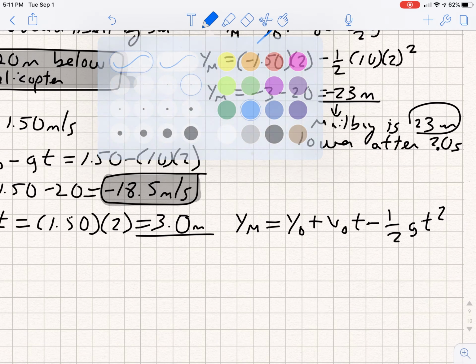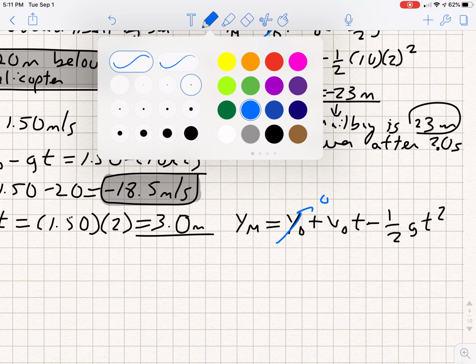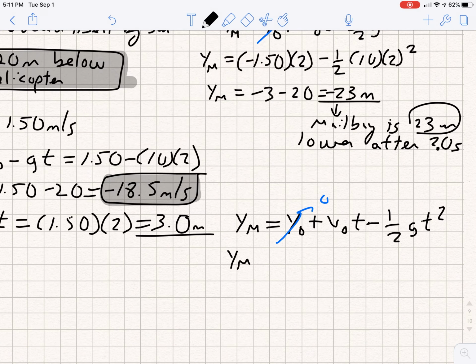So let's fill it out. 1.5 times 2 minus a half of 10 times 2 squared. 2 squared is 4, times 10 is 40, take half, that is 20.